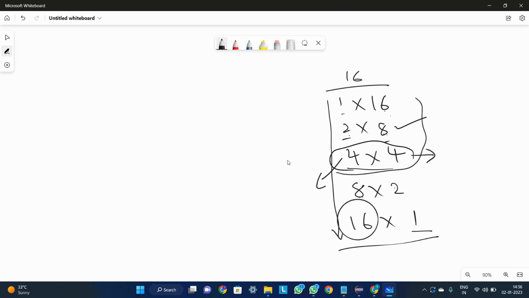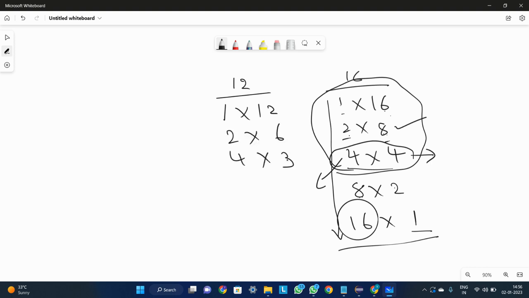If you take another number, 12, how can you write it? 1 into 12, 2 into 6, 3 into 4, and then 4 into 3. So after 3 into 4, it is repeating again. 6 into 2, and again 12 into 1.